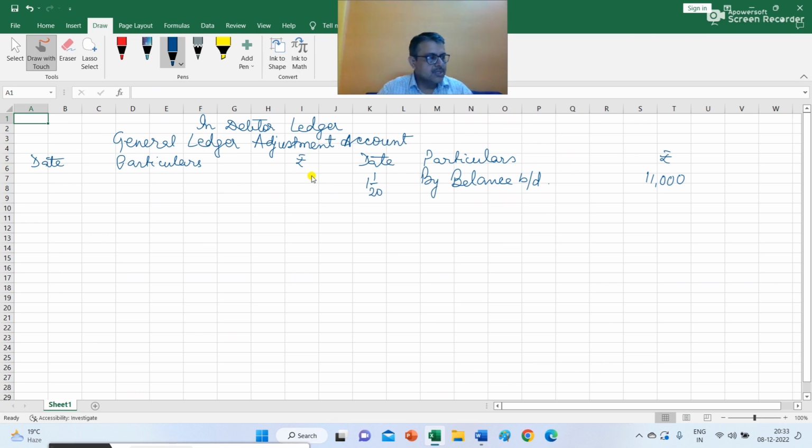Next, the sales. The total sales given is rupees 40,000, of which cash sales are 4,000. So the balance amount 36,000 is the amount of credit sales. On the credit side, I write: on 31st December 2020, by debtors ledger adjustment account, and the amount of credit sales is 36,000.